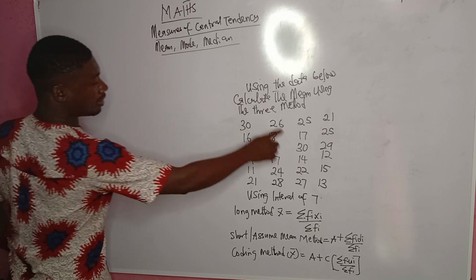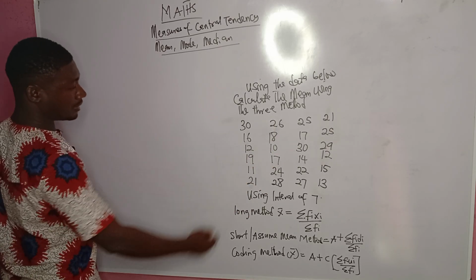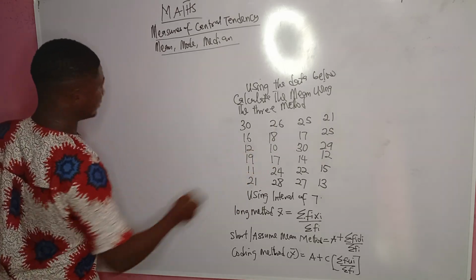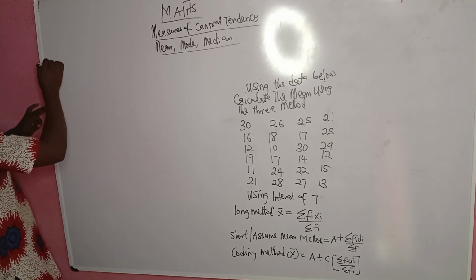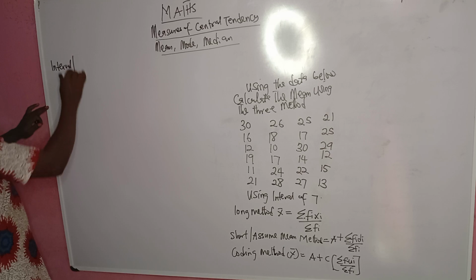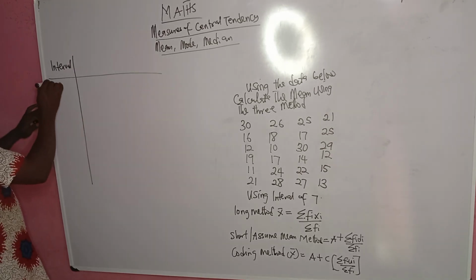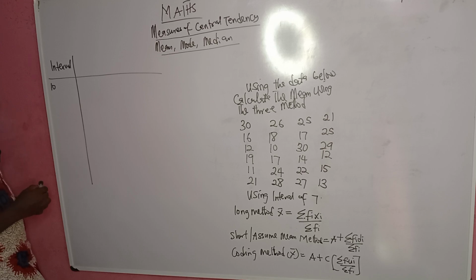You have to check, among all the numbers given to us, the least number. The least number there is 10. So your interval will have the first line starting with 10. Always start with the smallest number.